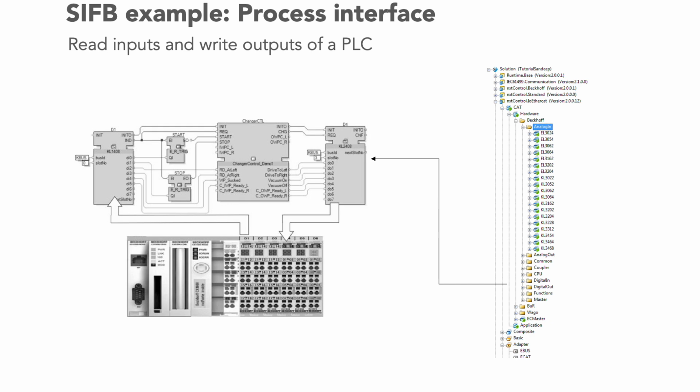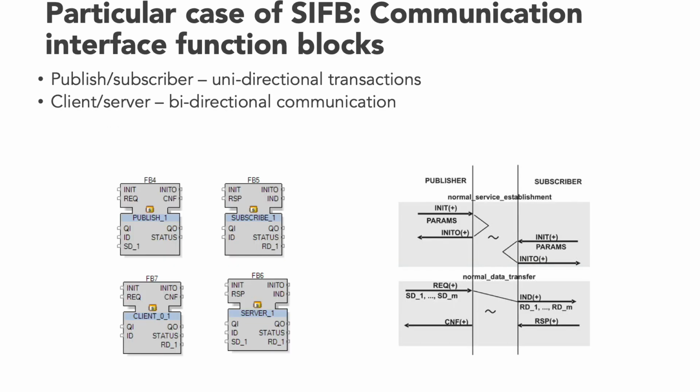Another particular case of a service interface function block is communication interface function blocks. The standard defines two modes of communication. One is publish-subscribe, and another is client-server. Publish-subscribe is a one-to-many communication model where a message is sent across some network stack protocol to many subscribers in a kind of multicast way.